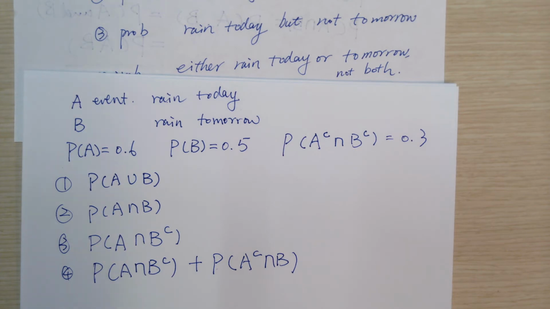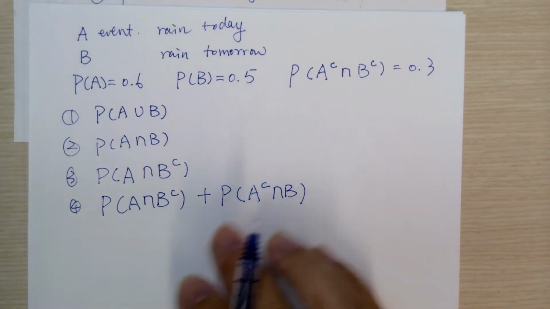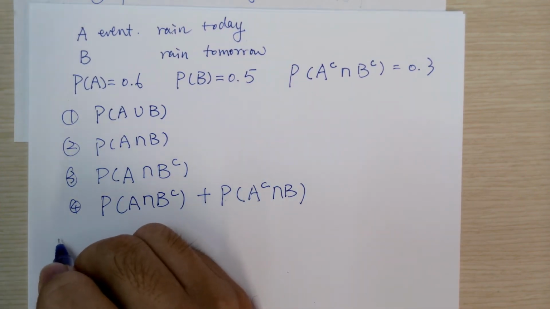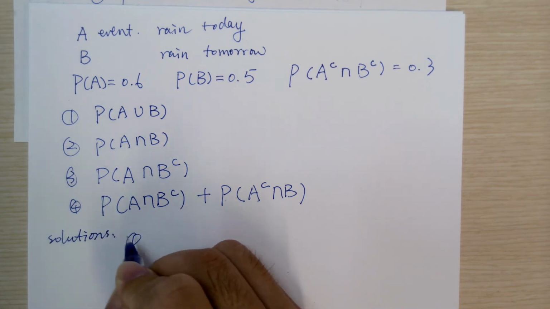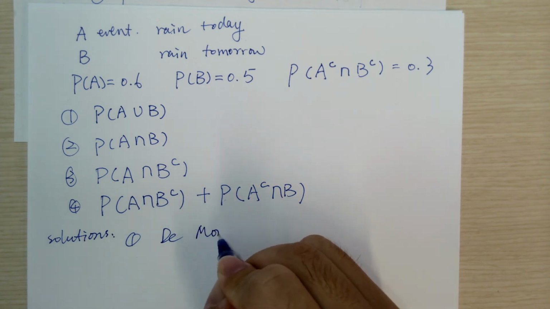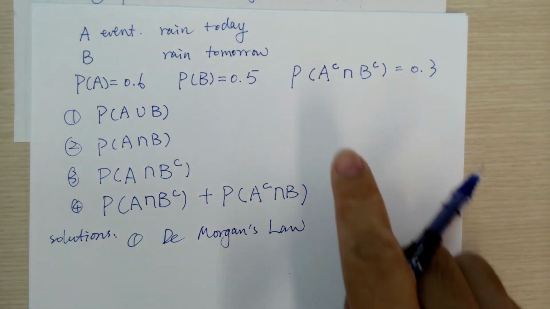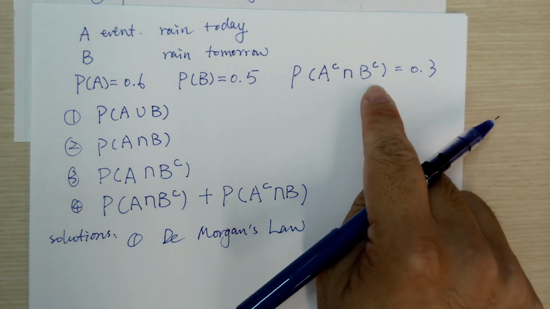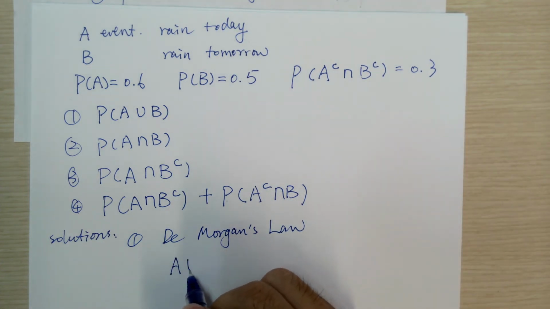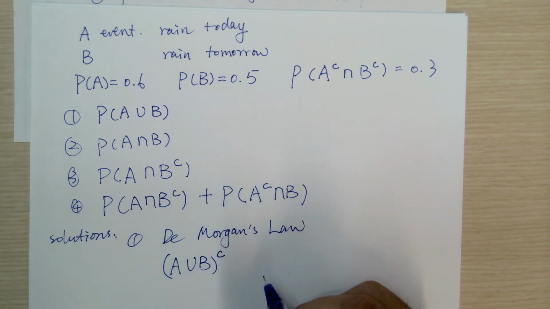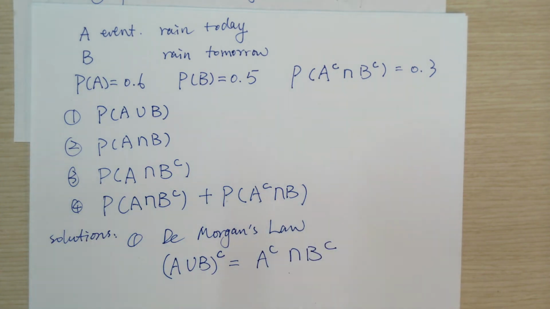based on one thing. For part 1, we can use De Morgan's law, because we know A complement intersect B complement, right? And then remember that A union B complement is exactly A complement intersect B complement, right?